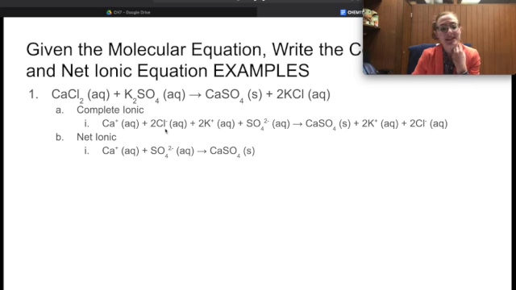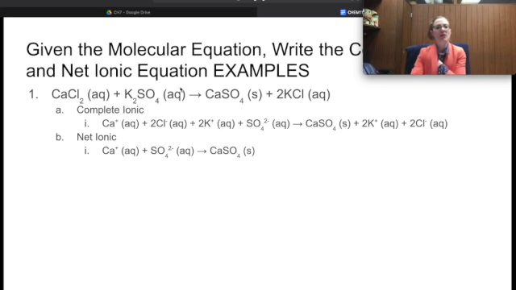However, it's not going to contain these other ions, like the chloride ion, that's the same on both sides. The potassium ion, that's also a spectator ion, same on both sides. So I get rid of the potassium, get rid of the chloride. I end up with calcium plus sulfate gives me calcium sulfate.